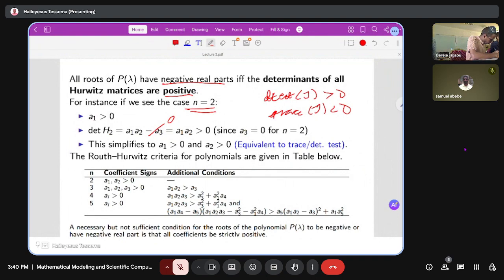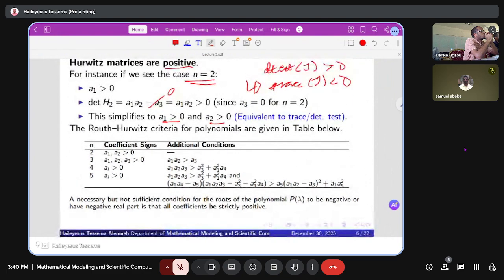We have said this before, I think. If the coefficients A1 and A2 are greater than 0, the eigenvalues are negative, which means the trace is negative, and the determinant is a product of these negative values, which is positive. So it's equivalent to the trace and determinant concept.